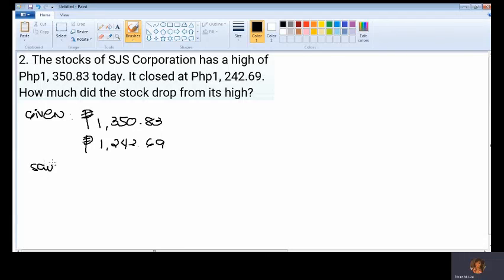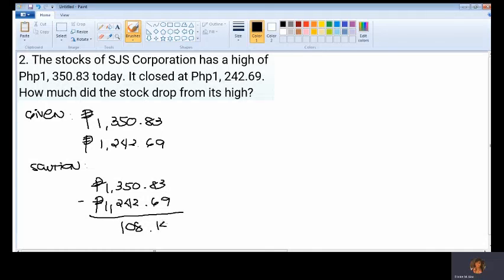So your solution will be 1,350.83. Remember, in subtraction of decimals, we need to align the decimal point. Minus 1,242.69. So this will give us an answer of 108.14.